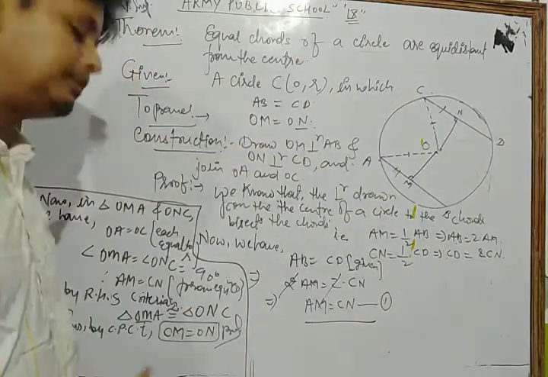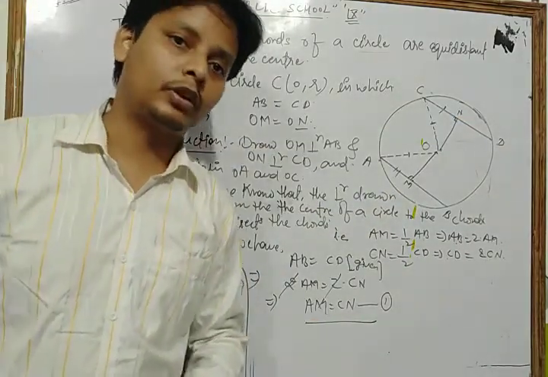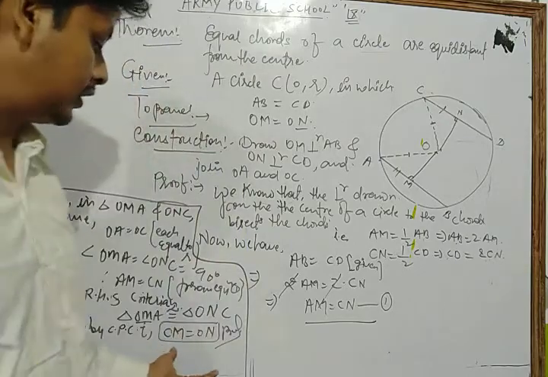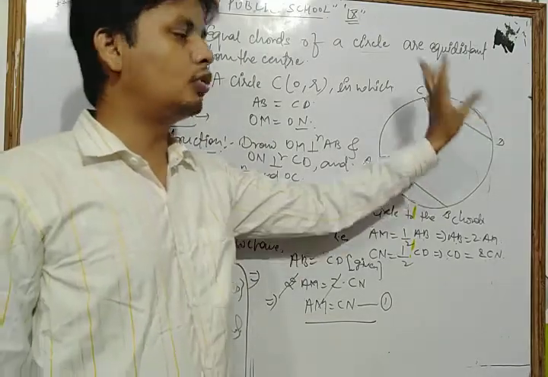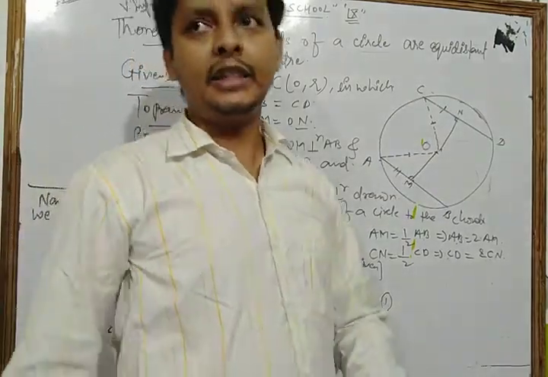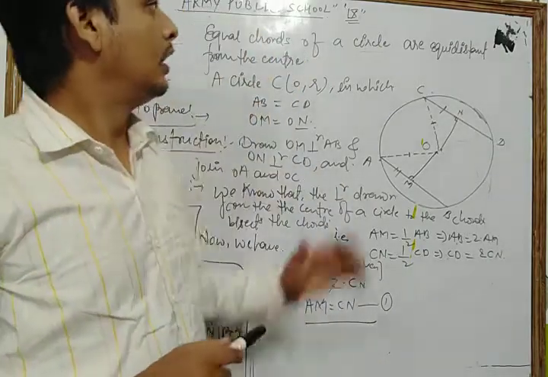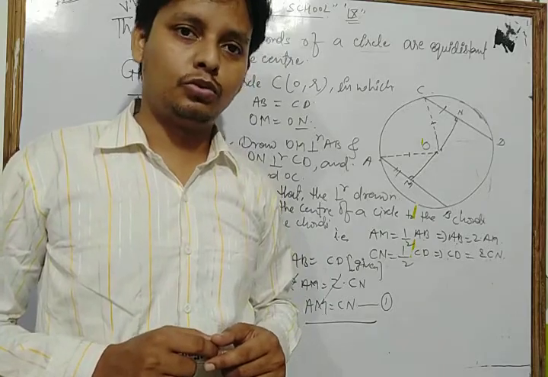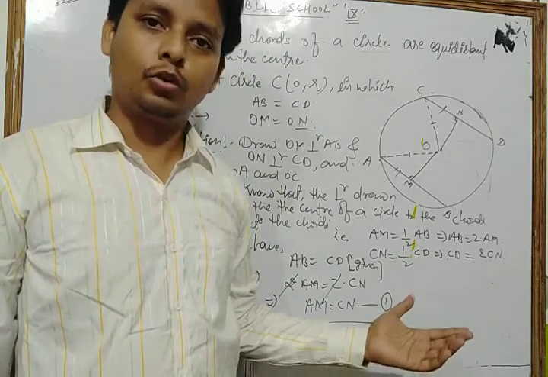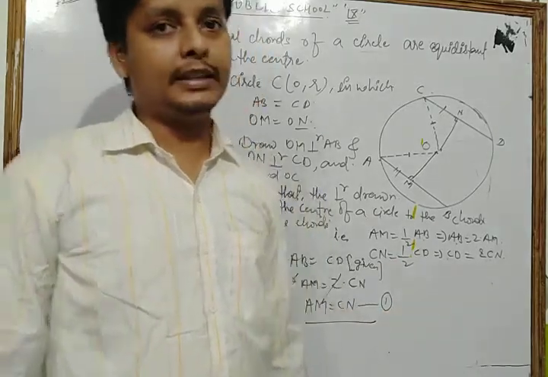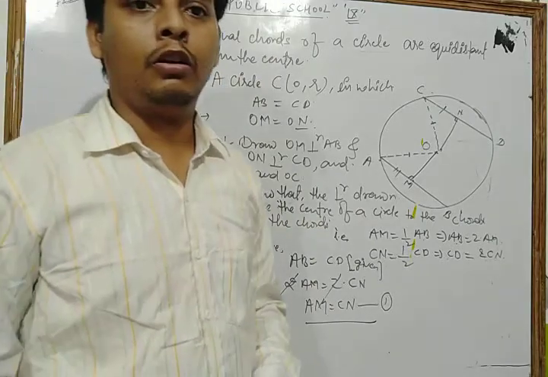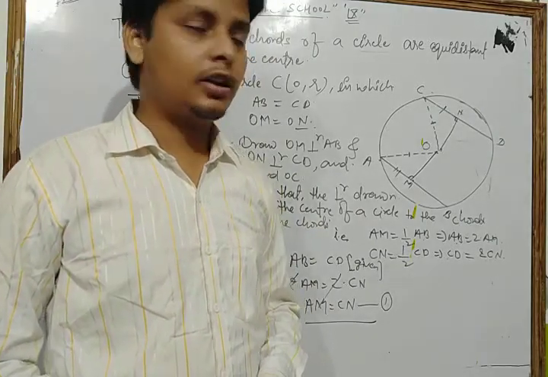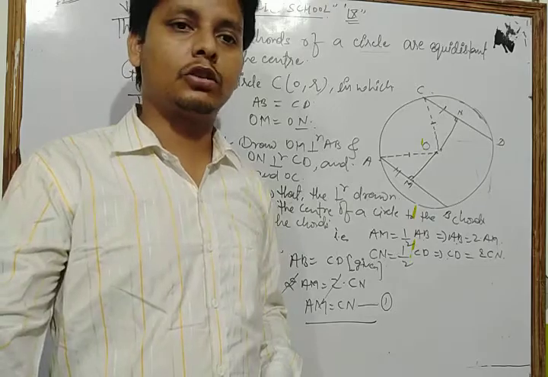So by CPCT, meaning corresponding parts of congruent triangles, we have OM is equal to ON. So in this way we can say that equal chords of a circle are equidistant from the center. Hence proved this result. Now dear students, you practice that type of theorem. Now we take some other important theorem based on chords.